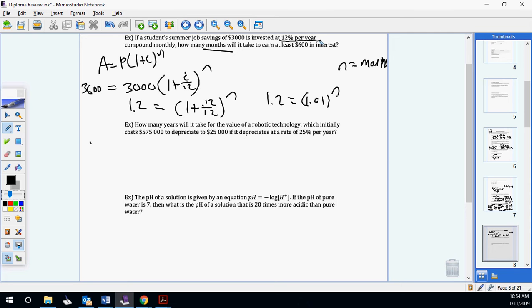If it asks how many years, we'd still divide the interest by 12, but we'd have to divide the n by 12 now. If you said it was compounding daily, then you would divide by 365.